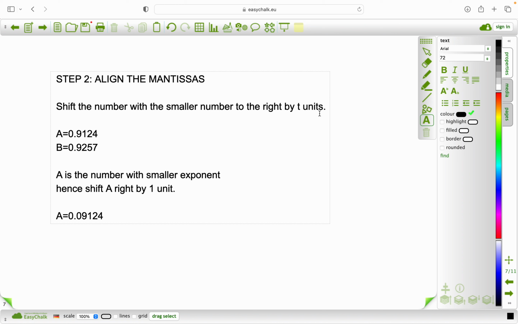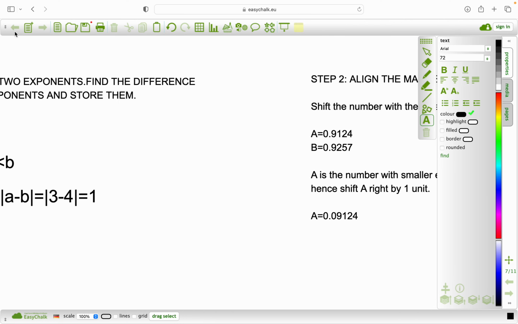What are you going to do? You're going to take the number that has the lesser exponent value. In this case A has value 3, which is less than 4, so A has the lesser exponent value, so we are going to shift the number by t units. How many units did we get for the t value? We've got the t value as 1, right?